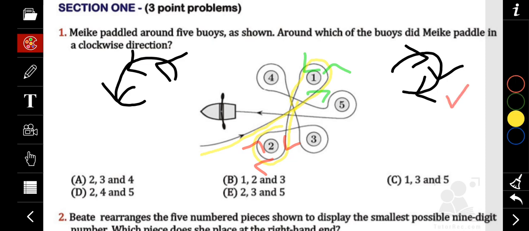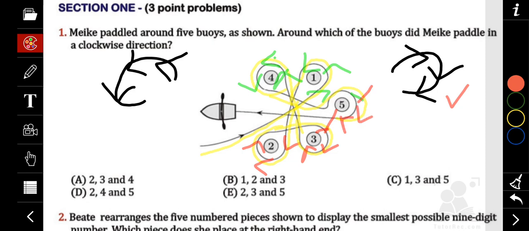Then he continues the journey along buoy number 3, in which again the direction is clockwise like this, and then he continues his journey to buoy 4, in which you can see the direction is counterclockwise or the anti-clockwise, and finally he proceeds to buoy number 5, in which you see that the direction is again the clockwise direction.